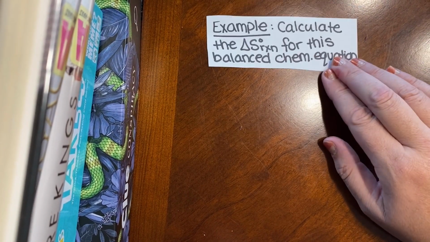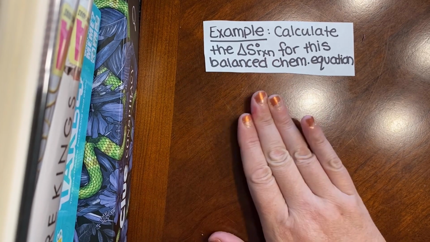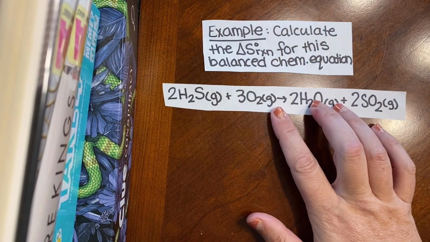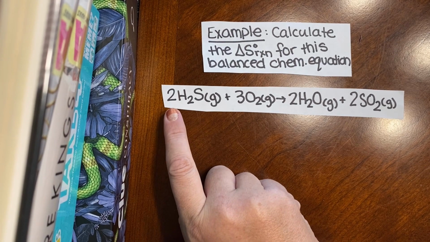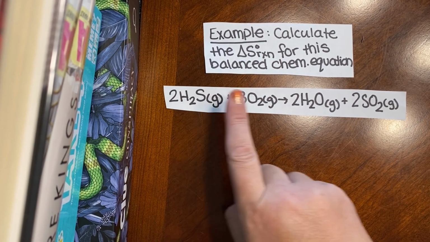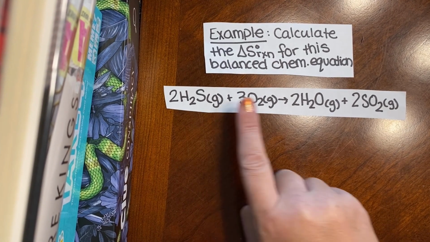It says, calculate the entropy of the reaction for a balanced chemical equation. And I have this balanced chemical equation here that says we have 2 moles of dihydrogen sulfide. We have 3 moles of oxygen gas. They're going to react together.